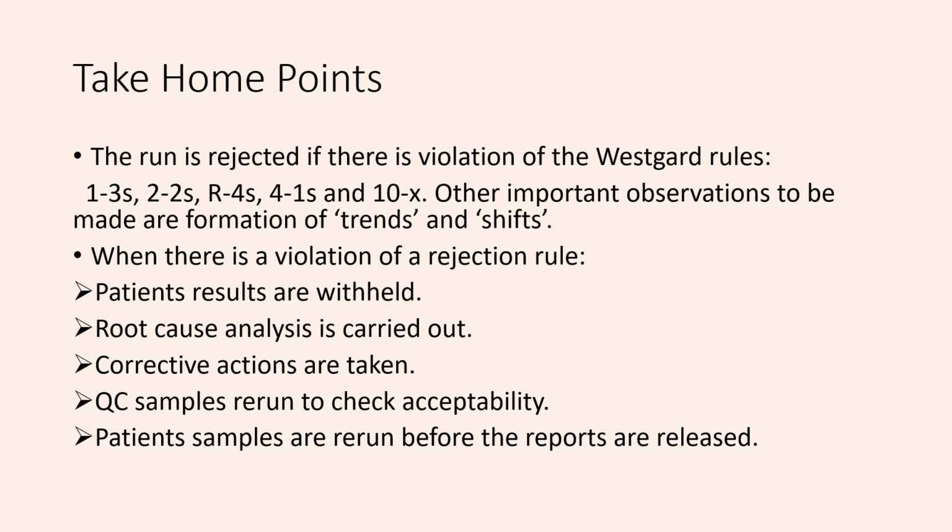When there is a violation of a rejection rule, patient's results are withheld, root cause analysis is carried out, corrective actions are taken, QC samples are rerun to check for the acceptability, and patient samples are rerun before the reports are released.